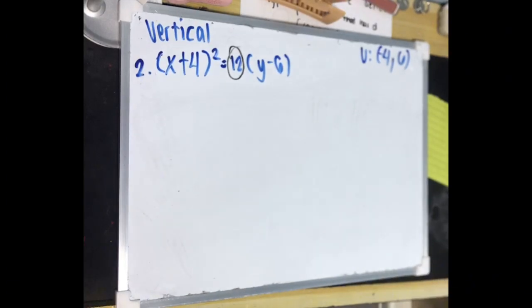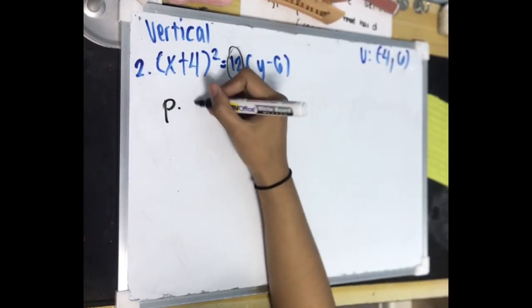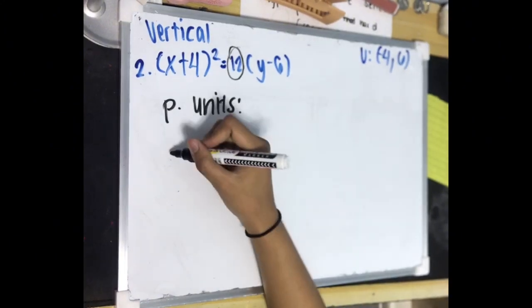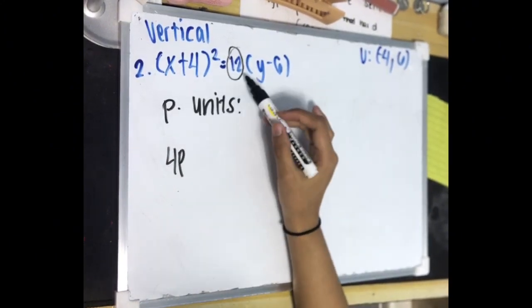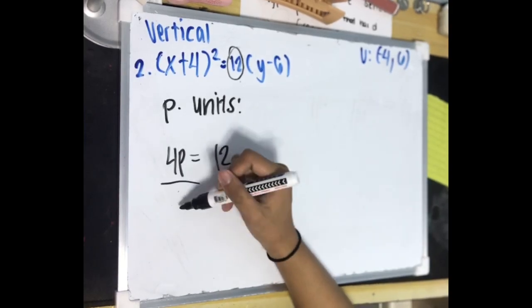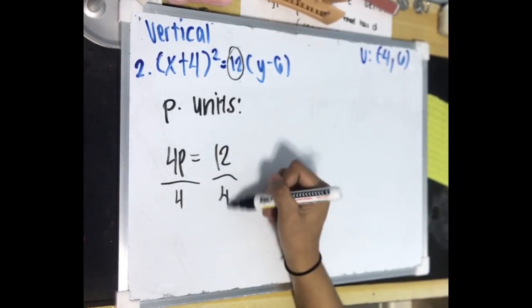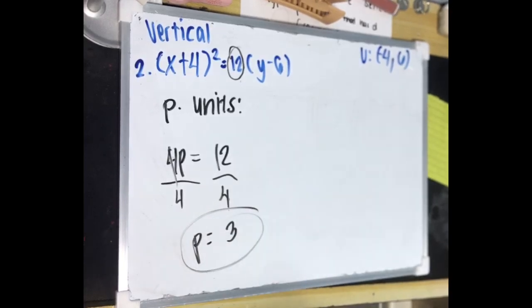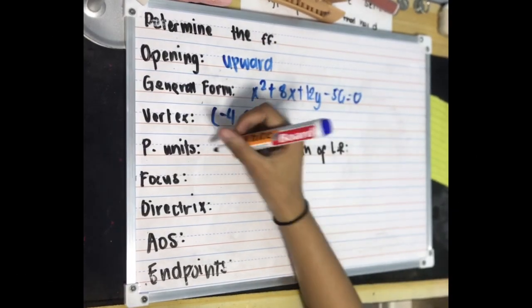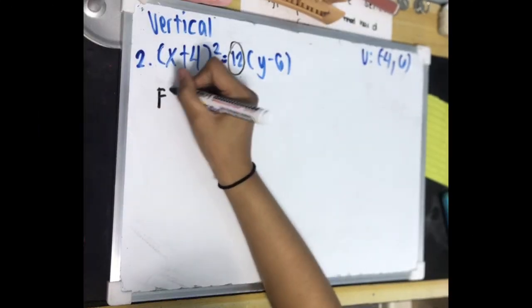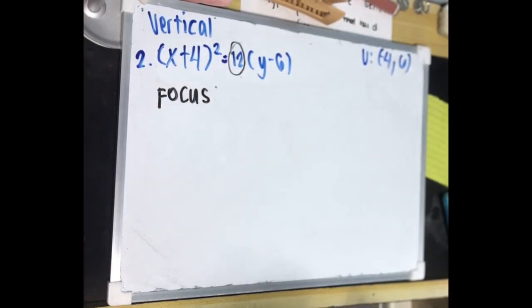Now, to solve for the p units, we write down 4p, since it is positive 4p, equals 12. To cancel out the 4, we divide both sides by 4, and 12 over 4 is 3. So, this is our p unit. Our p is positive 3. To find the focus, we write down the p first.